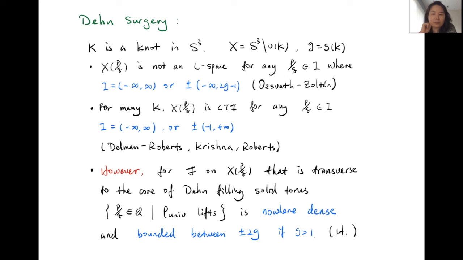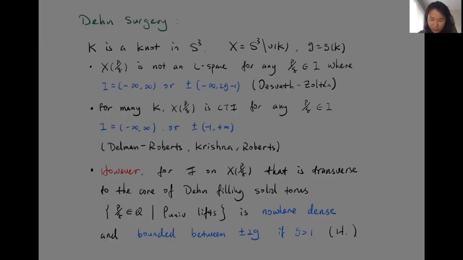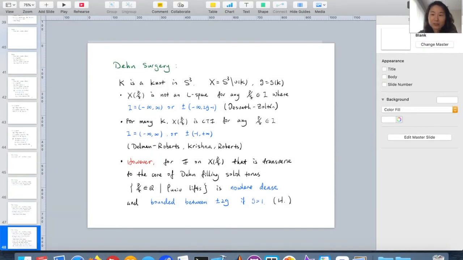So that just tells you again, it's not very effective to use the universal circle action to show left-orderability of Dehn fillings of the manifold. Okay. So I think I will just stop here. Thanks for your attention, and I hope you enjoyed it.